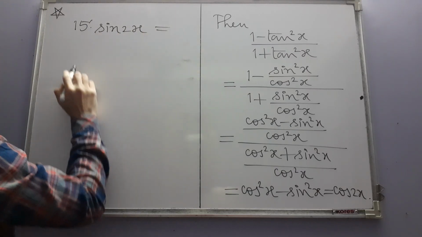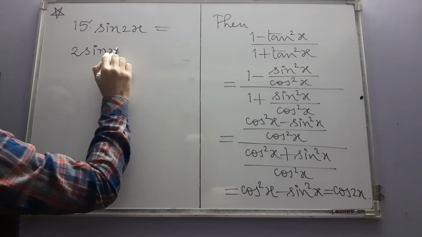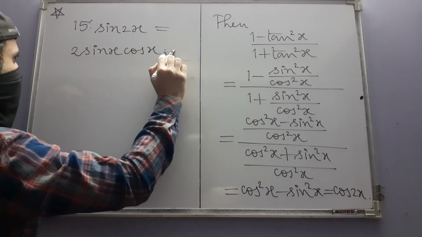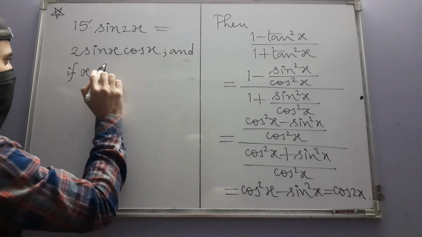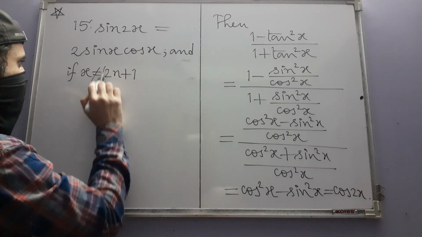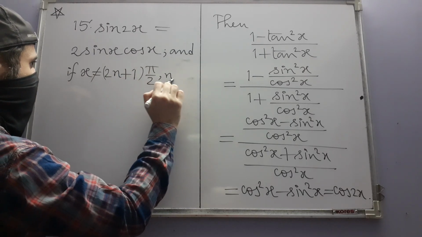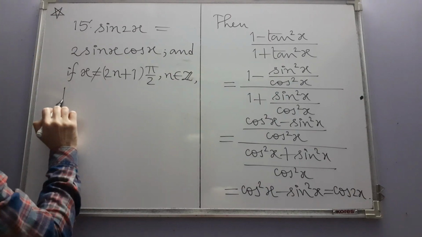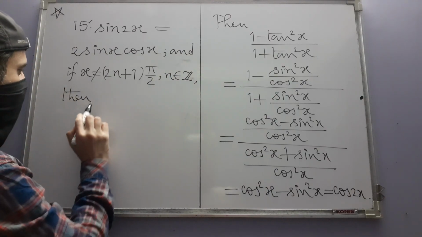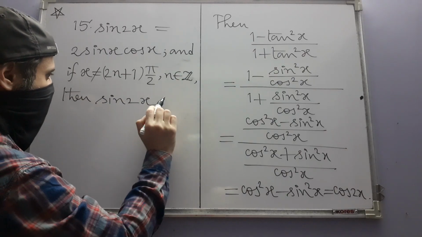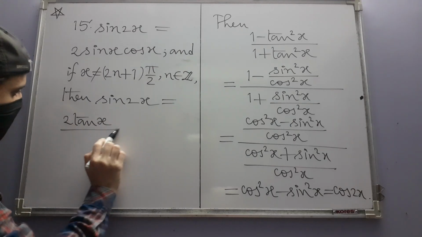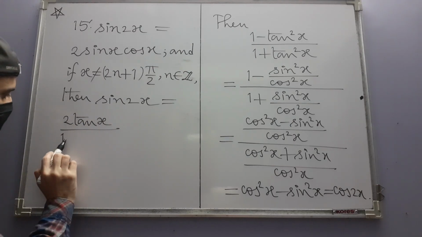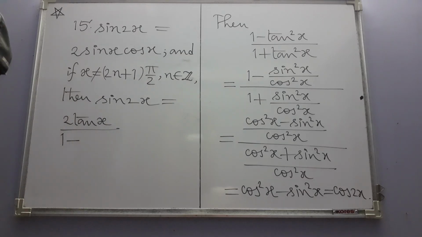Sin 2x is equal to 2 sin x cos x, and if again x is not an odd integer multiple of pi over 2, then sin 2x is equal to 2 tan x divided by 1, is it plus or minus? I forgot. Yeah, it is plus.